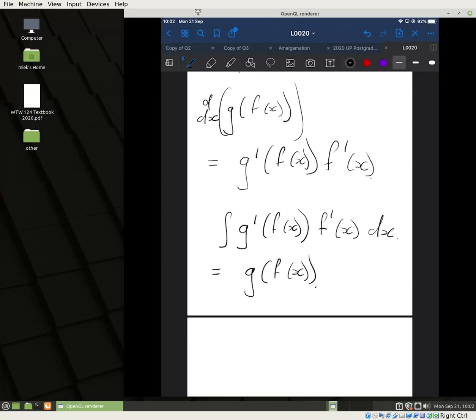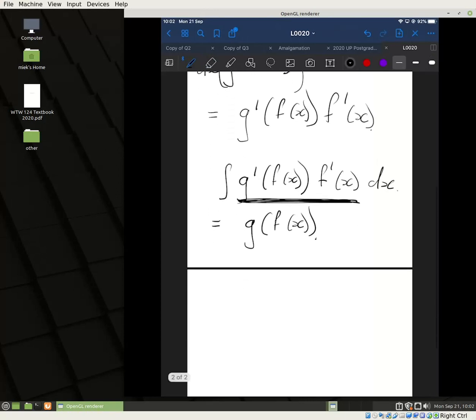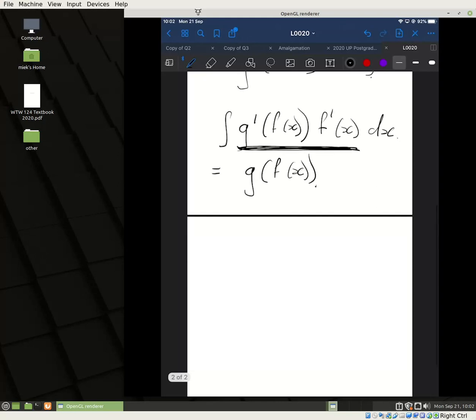Okay, so the idea here is, in any situation where we have an integral of this form, the derivative of some function applied to some other function multiplied with the derivative of this inner function, we can use the fundamental theorem of calculus to evaluate this integral.